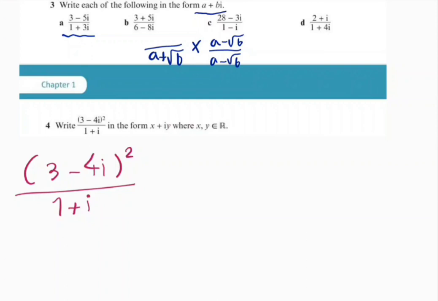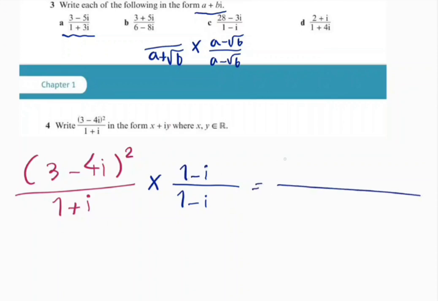Question 4 is basically the same thing as question 3, but we just need to do more calculation, because in the numerator we have 3 minus 4i squared. But it's fine. We start by multiplying top and bottom by 1 minus i.